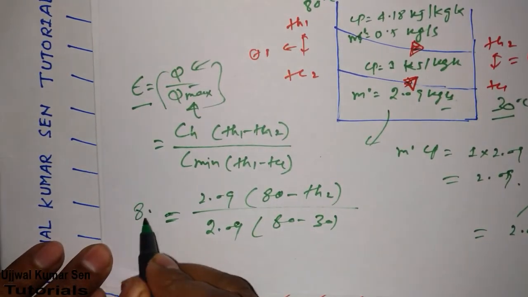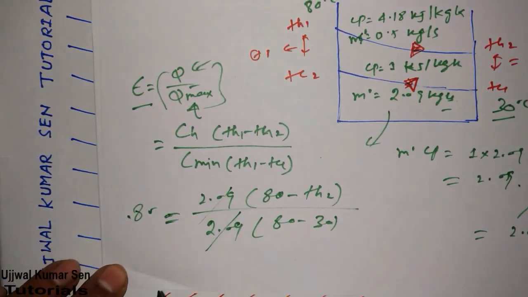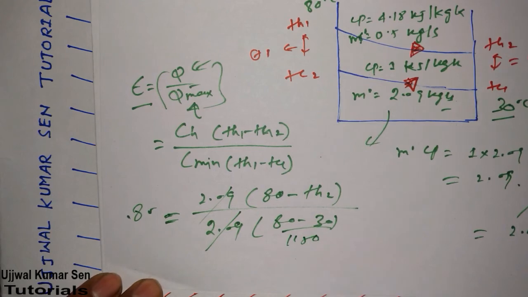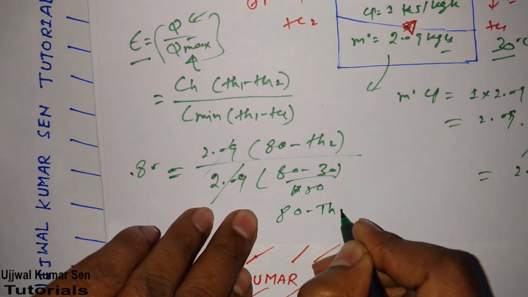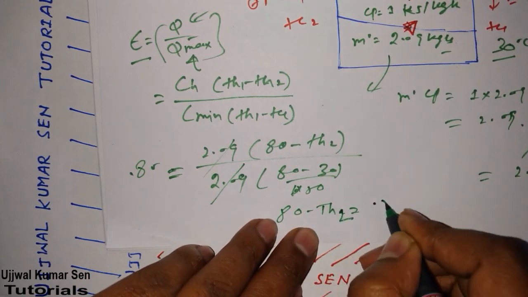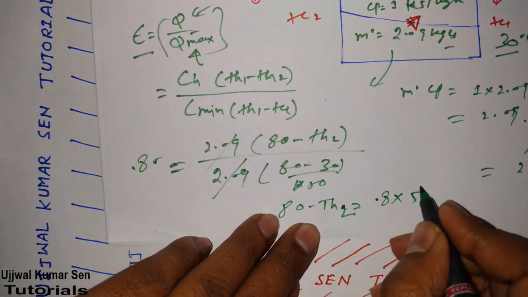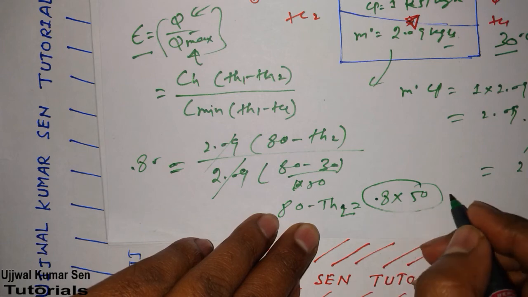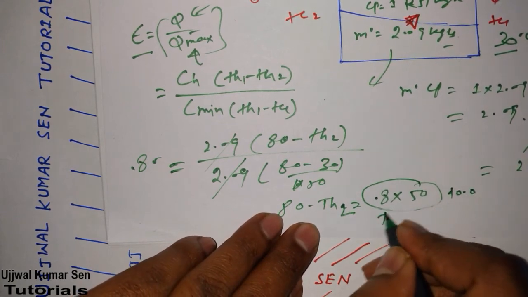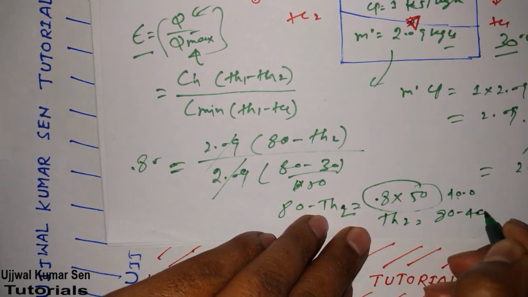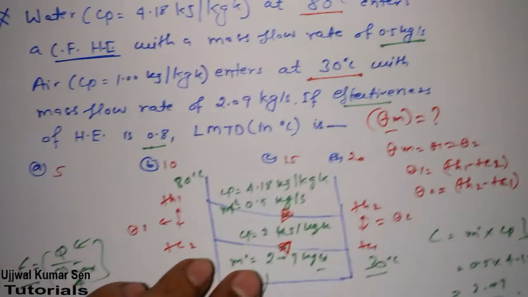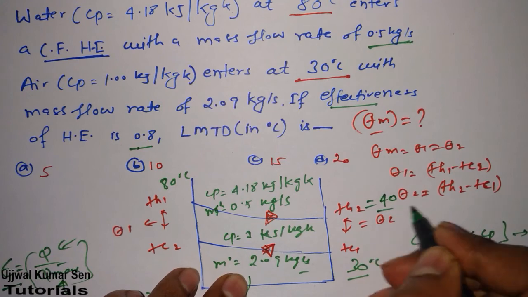Now multiply. This cancels, and this will come to 50. Now 80 minus TH2 is equal to 0.8 multiplied by 50. 0.8 multiplied by 50 is 40. Now TH2 on this side and 40 on the other side, so 80 minus 40 is equal to 40. So TH2 we got is 40.